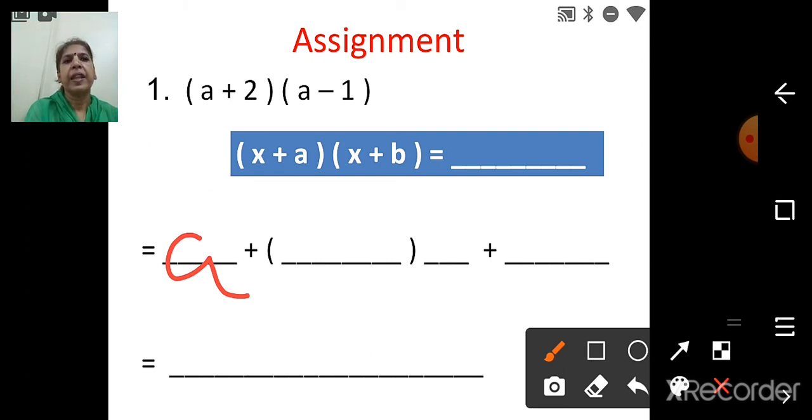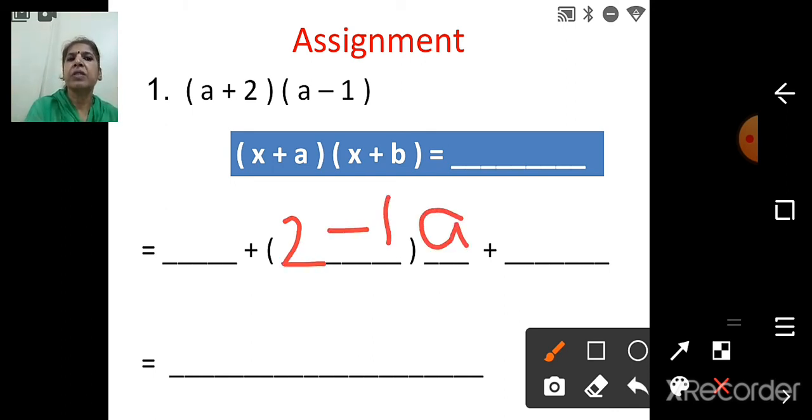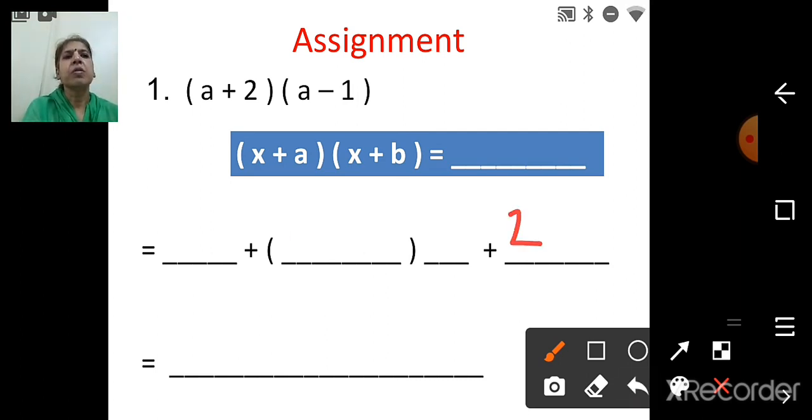First term. Then the middle terms are 2 and minus 1, the whole bracket multiplied with a. So 2 minus 1 is 1, 1 into a. And then the product of the last terms, 2 multiplied with minus 1, so the answer is minus 2. So you are going to substitute the values and write the answer. This is an assignment for you to do.